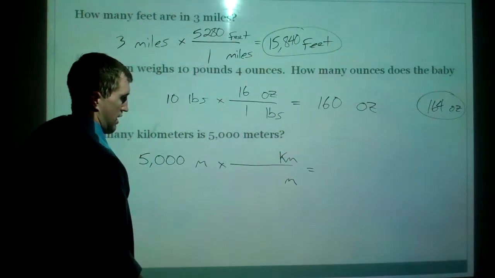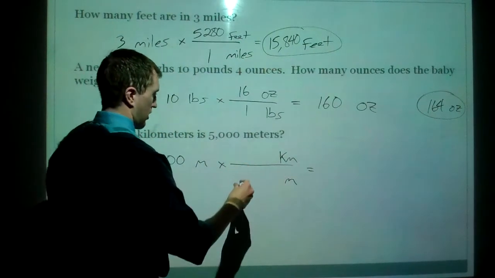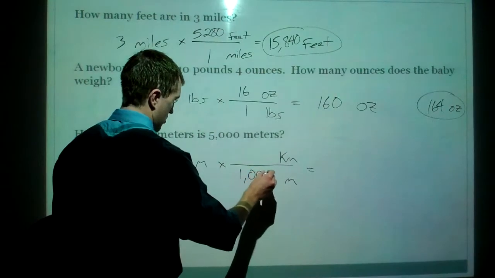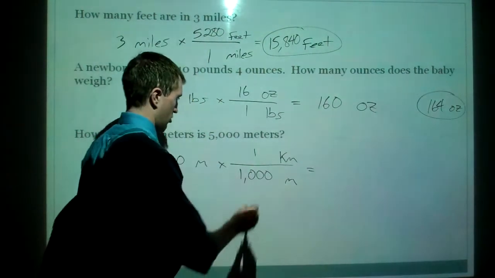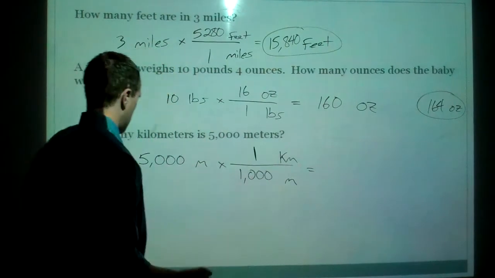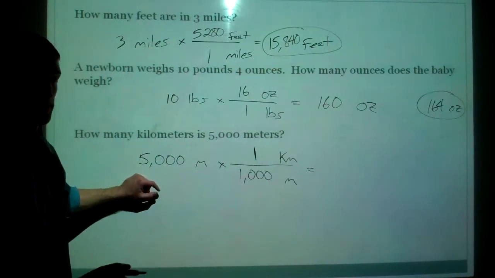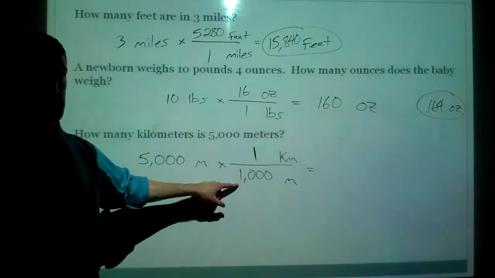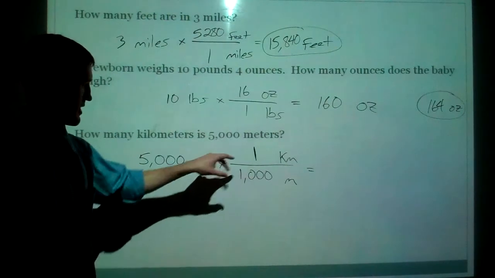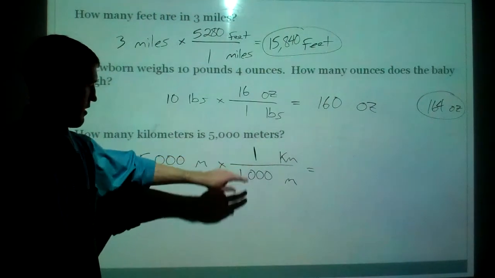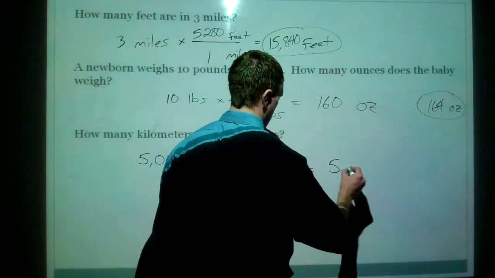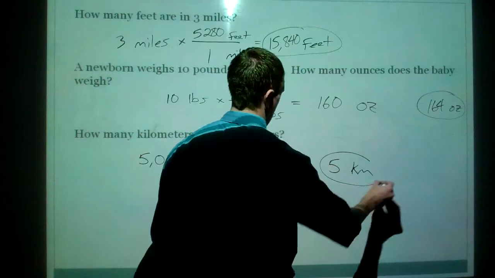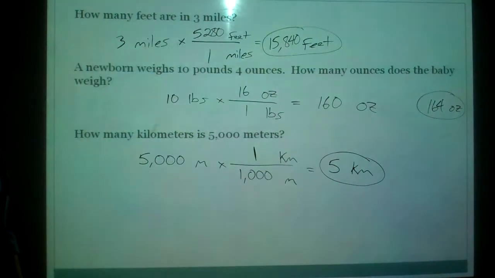And we will have 1,000 meters and 1 kilometer. I did not have to look that one up. Remember that one. Alright. So we have, remember, dividing by anything on the bottom. So now we've got 5,000 times 1, which is 5,000, divided by 1,000, 5 kilometers.